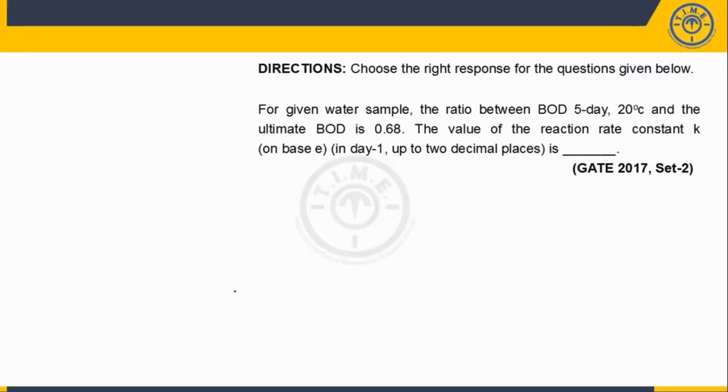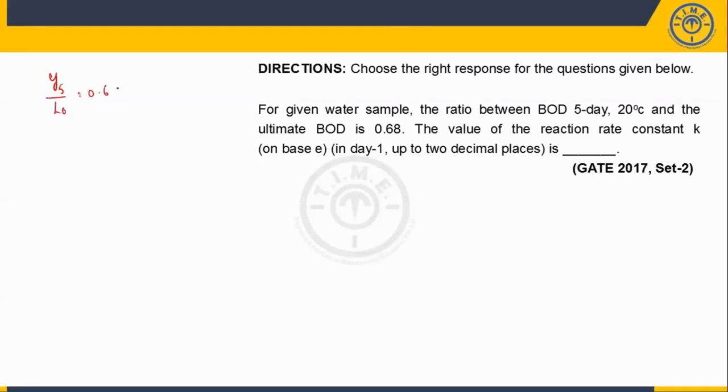Sir, I'm getting one equation. What is that? For a given water sample, yeah, first please tell me what you got. Sir, we are given a ratio of 5 day BOD and ultimate BOD, that is 0.68. Am I right?